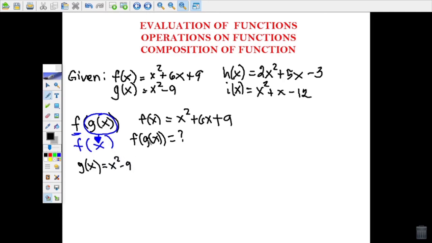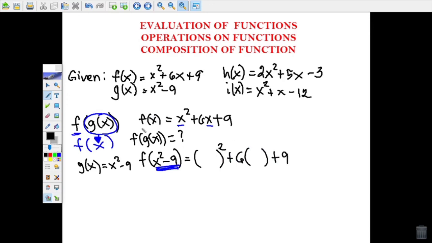So, first, palitan ko si g of x ng kung ano yung value niya. So, magiging f of x squared minus 9. Ibig sabihin, ang nasa loob ni f ay x squared minus 9. So, ito yung ipang papalit ko sa lahat ng value ni x. Parang magiging ganito yan. So, equals, alam natin na may squared yon, then plus 6 times x, plus 9.